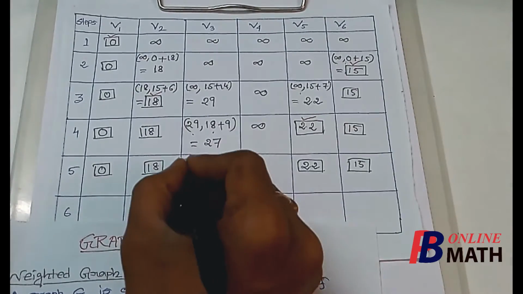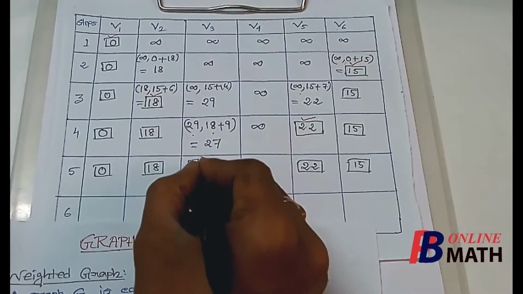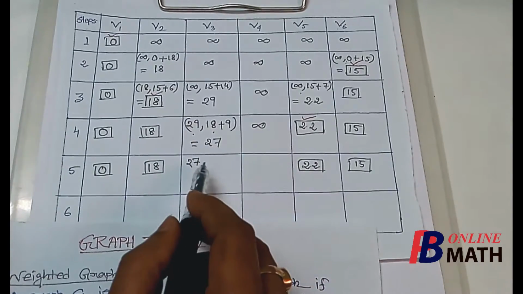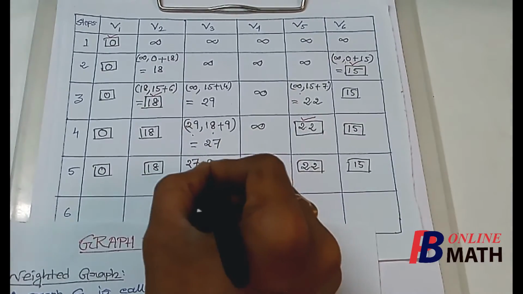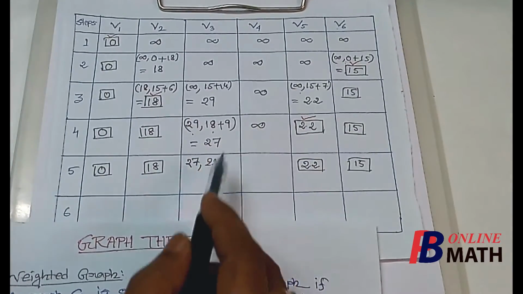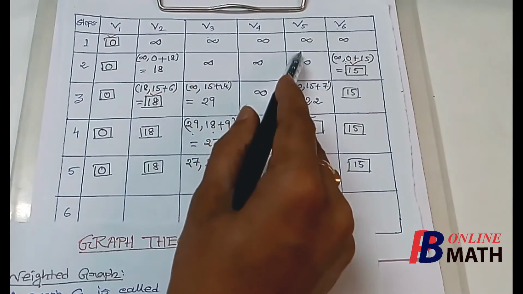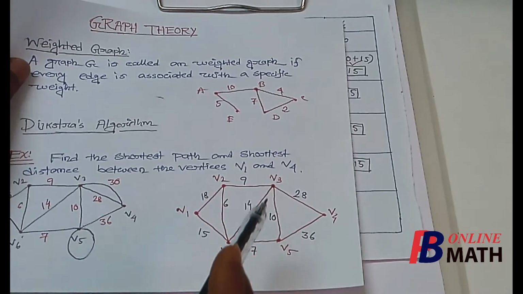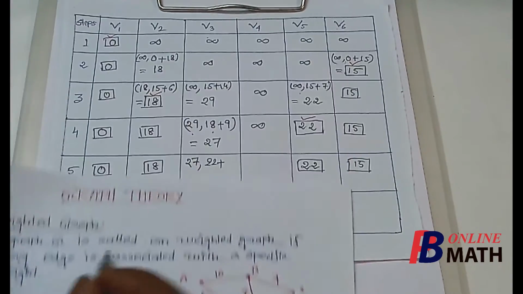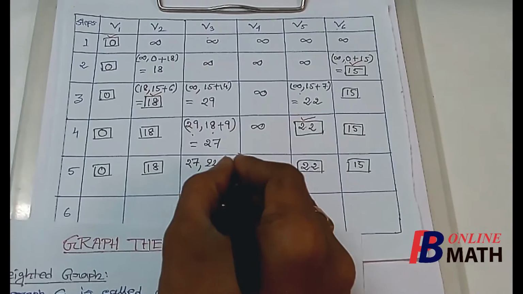The rule is that the previous level, that is 27, comma, the permanent level of the previous step, which is 22, plus the distance between V3 and V5. From the graph we find that the distance between V3 and V5 is 10. So we write 10 here.